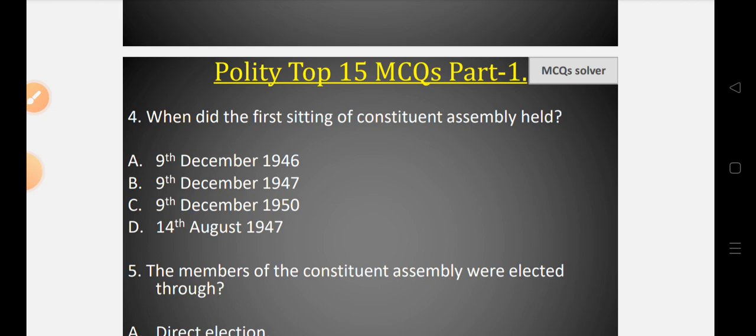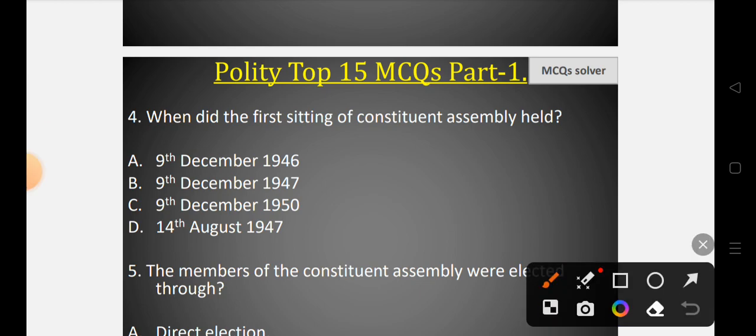Or option D, 14th August 1947. So the first sitting of the Constituent Assembly was held on, the correct option is option number A, that is 9th December 1946.